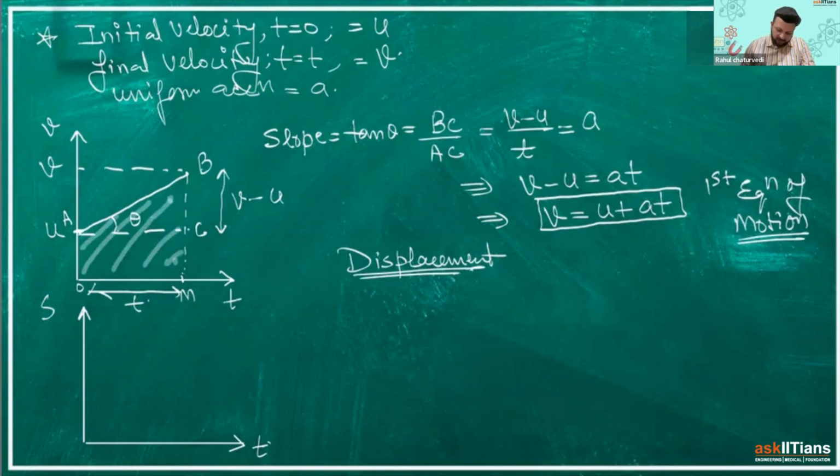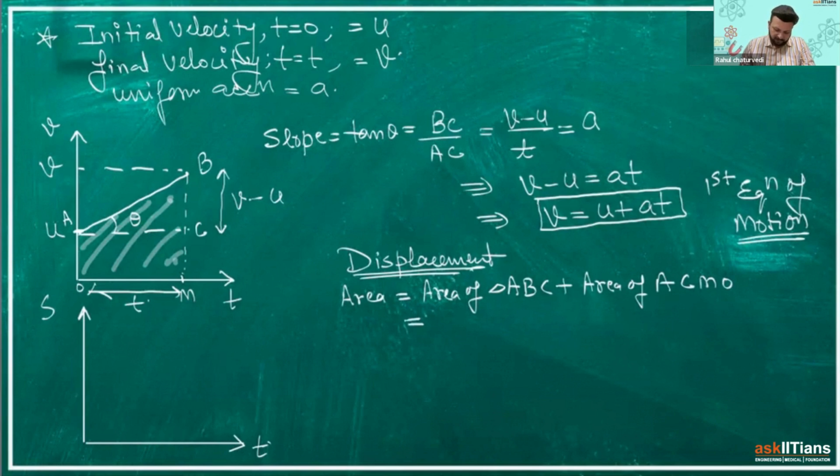So this whole area is equal to the area of triangle ABC plus the area of rectangle ACMO. The area of triangle ABC, we know, is 1 by 2 base into height.